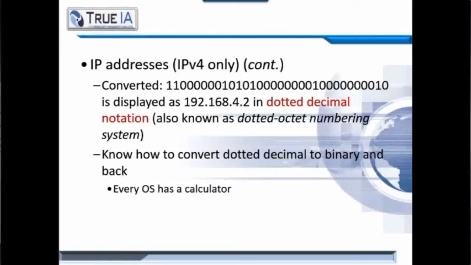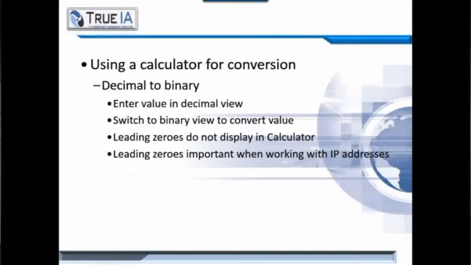Next, the IPv4 IP address is converted. It's displayed as 192.168.4.2. We call this the dotted decimal notation. Again, you should know how to convert the dotted decimal notation to binary and back. To do this, it really is fairly easy.